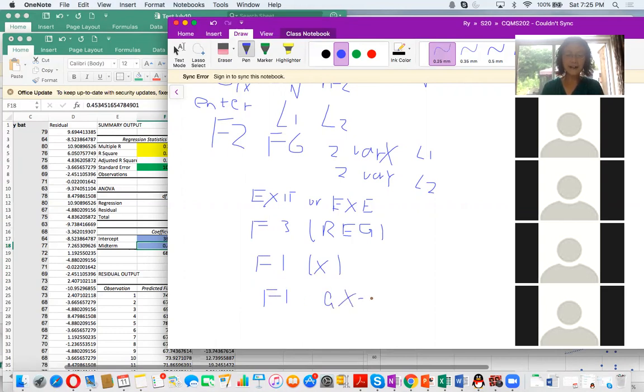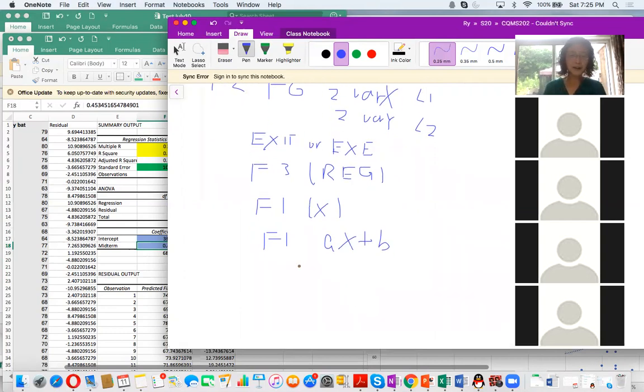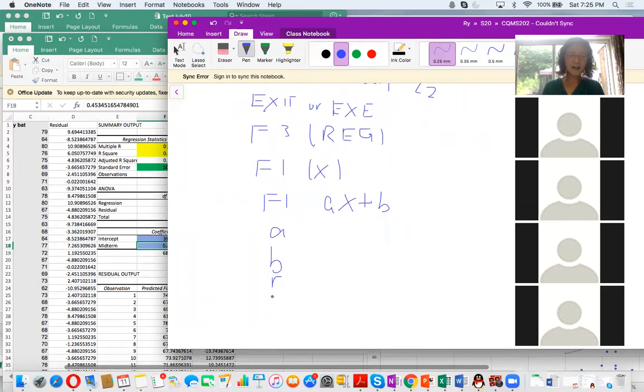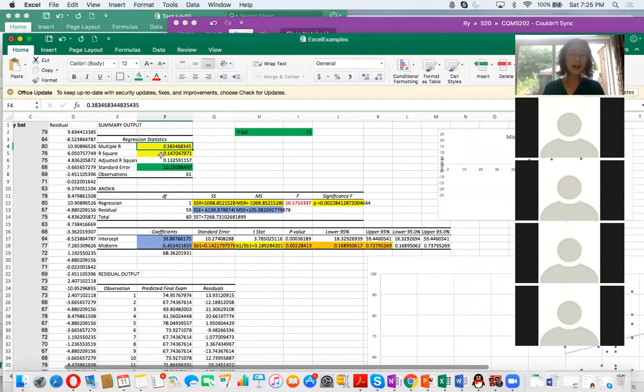You can select AX plus B or A plus BX, your decision. And then the calculator will give you output A, B, R, and R square. You can get this A, B, R square from here. This is your R square, this is the intercept, and this is the slope.